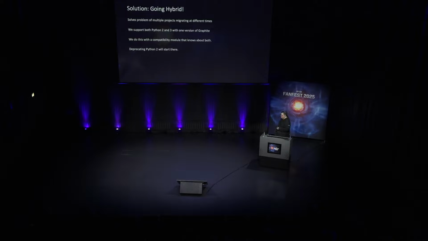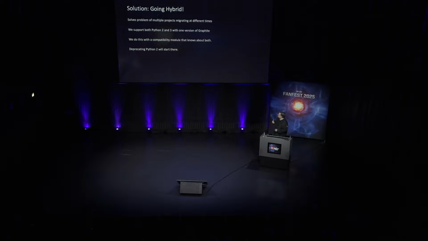So our solution for this was to make a hybrid version of Graphite. And the hybrid version runs on Python 2 and Python 3. It's the same basic code base. It solves the problem of multiple projects that want to migrate at different times.